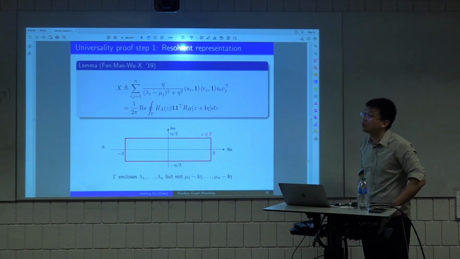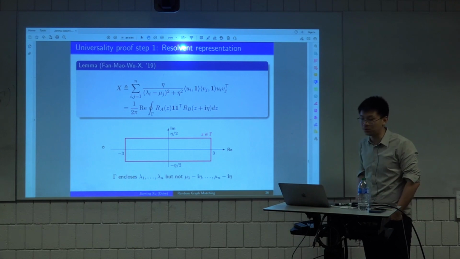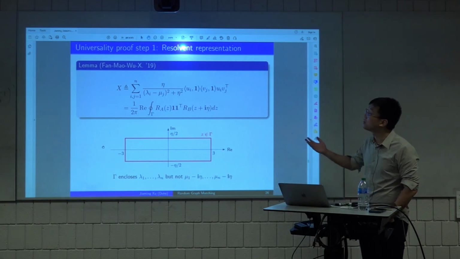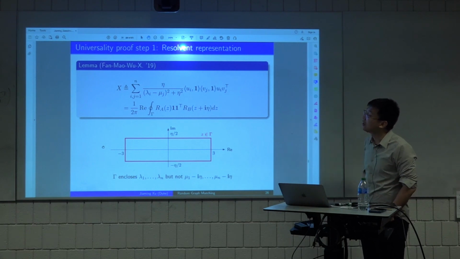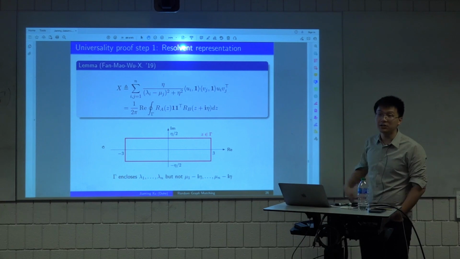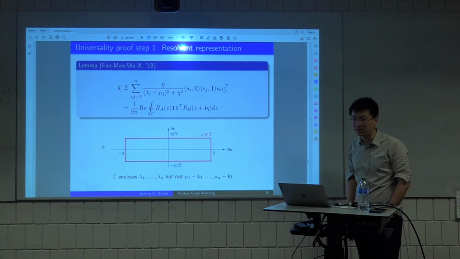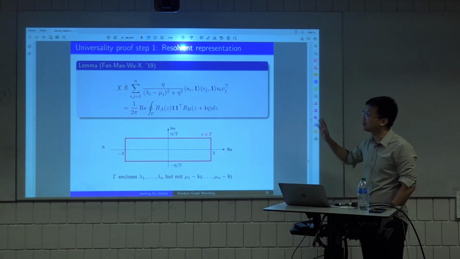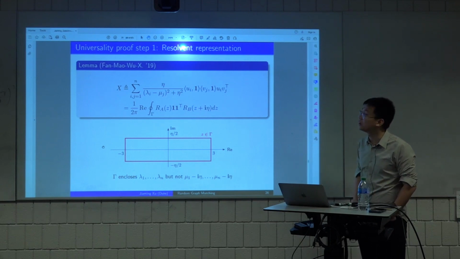Okay, so now the question is how can we use this resolvent tool to actually study this GRAMPA matrix? I should admit that we got this idea by talking to Zhou Fan, who is an expert on random matrix theory. This view was eye-opening to us.